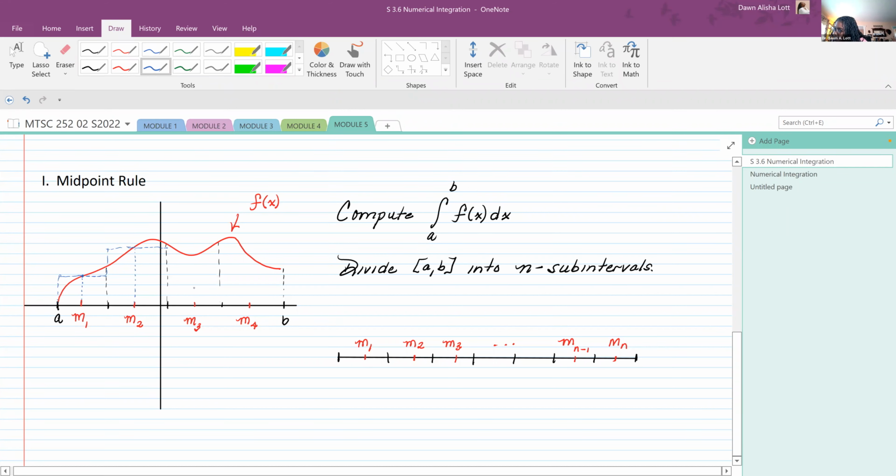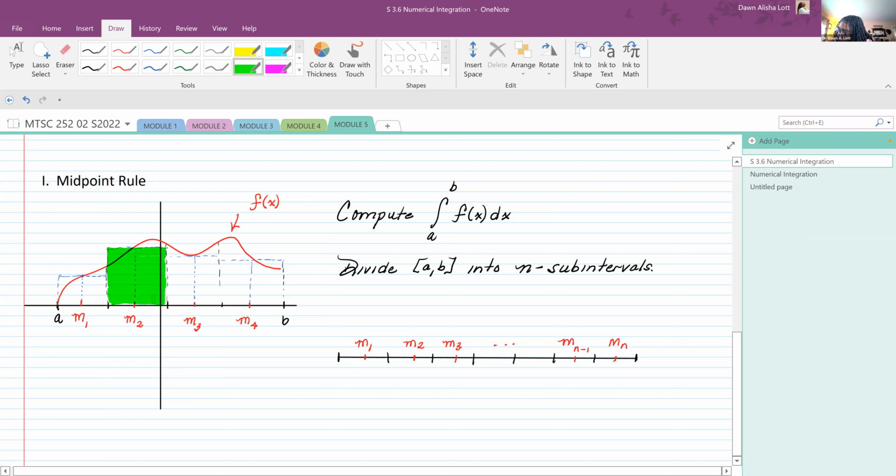This one, I'm going to go up, go over, find f of that value. That gives me an interval. And then I'm going to go up here and find f of this value. Okay, and so now, as you can see, I have 4 rectangles, or it would be n rectangles if I were doing this in general.